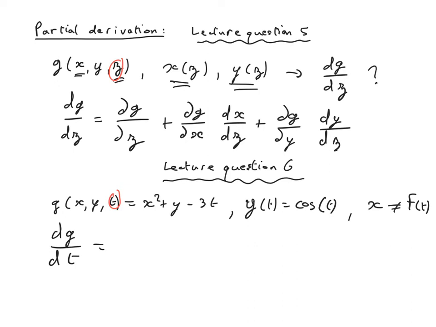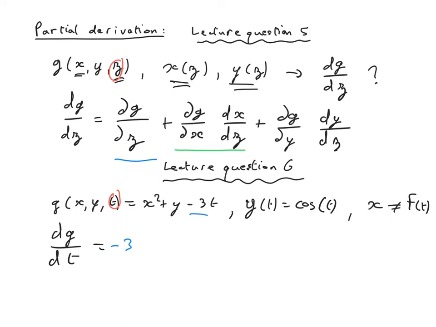So the first term will be the partial derivative of g according to t. In this case, it's minus 3. The second term, in our case, is 0 because x doesn't depend on t.